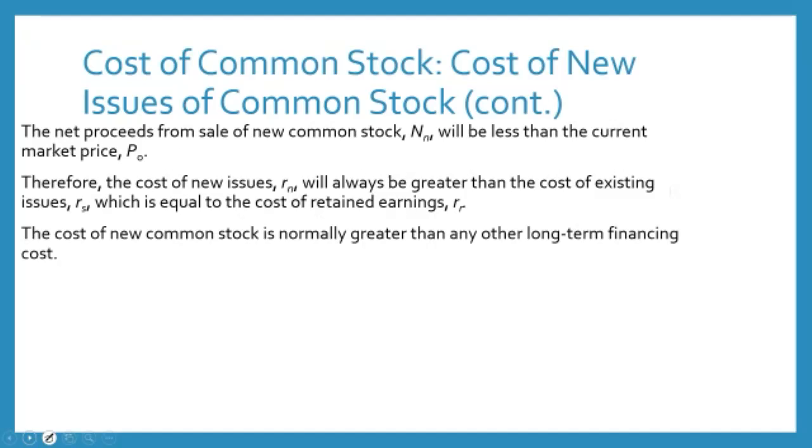Now, the net proceeds from the sale of new common stock will be less than the current market price. Therefore, the cost of new issuance will always be greater than the cost of existing issuance, which is equal to the cost of retained earnings. The cost of new common stock is normally greater than other long-term financing costs. Because think about it, if you're bringing on new shares, you have to put them at a lower price to attract new buyers.